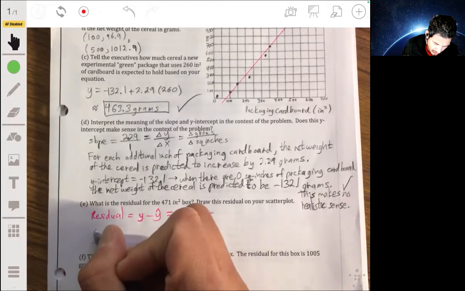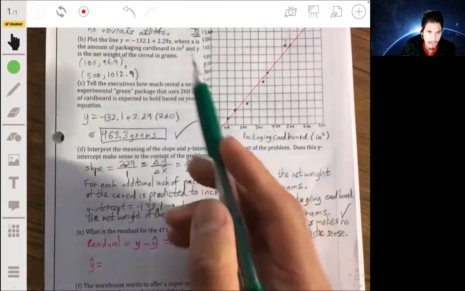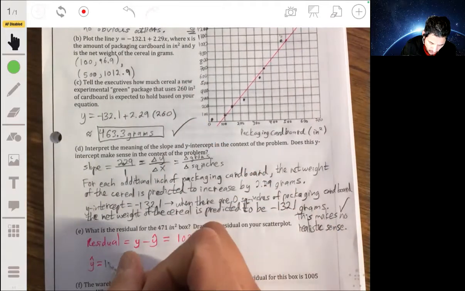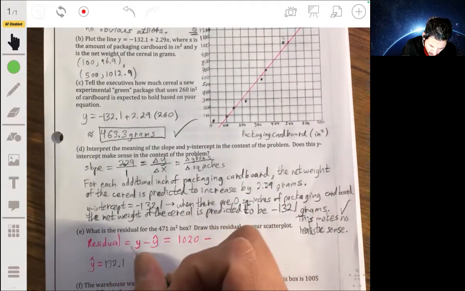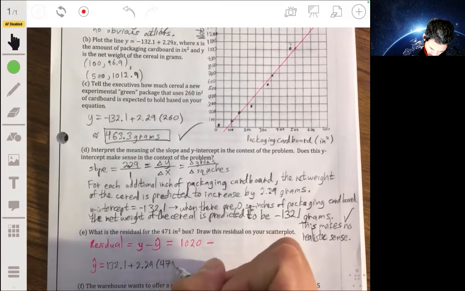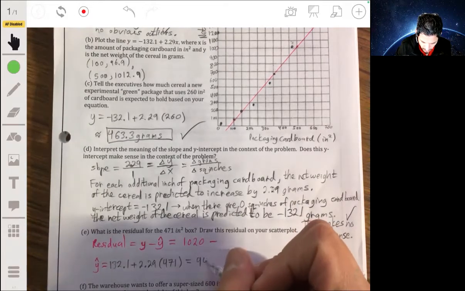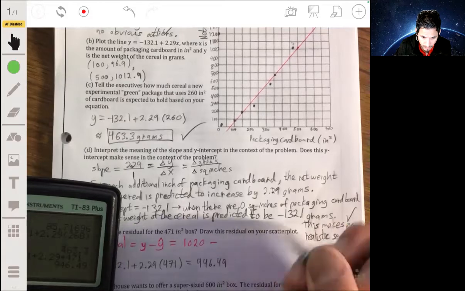In this case, for y hat, use the equation that we got: negative 132.1 plus 2.29 times 471. And you get 946.49.